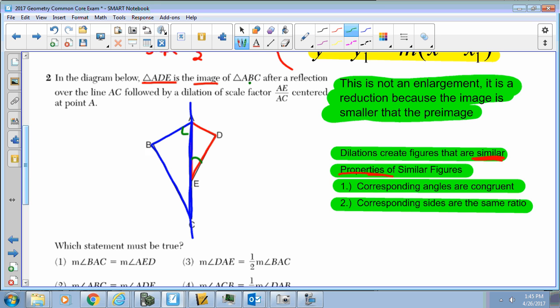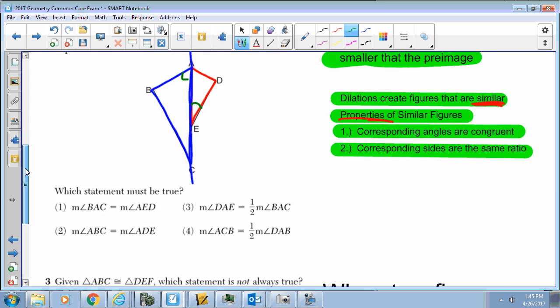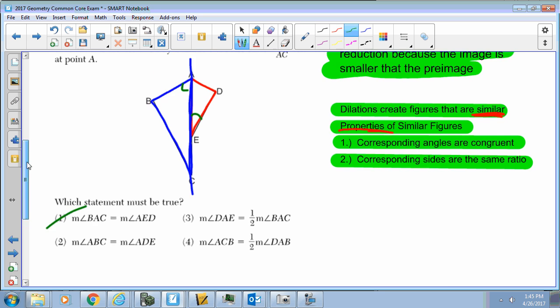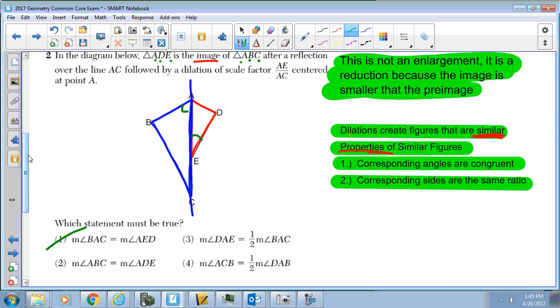Let me do that one more time. AED would be this. They don't go in the right order. So those are not corresponding angles, and they are not necessarily going to have the same angle measure.